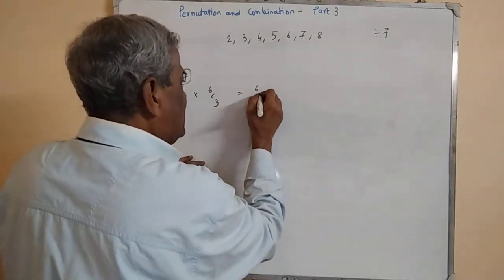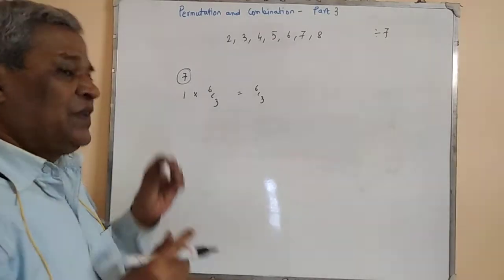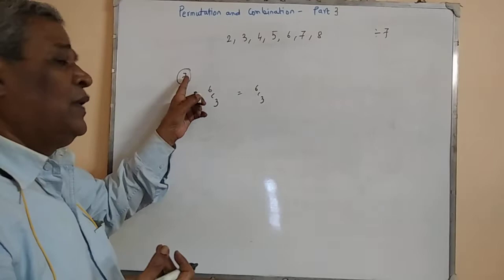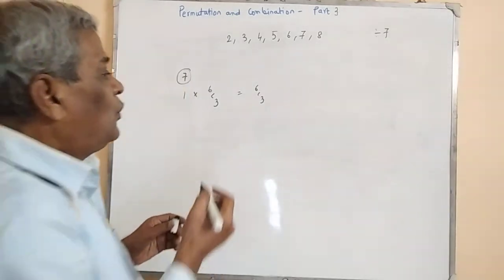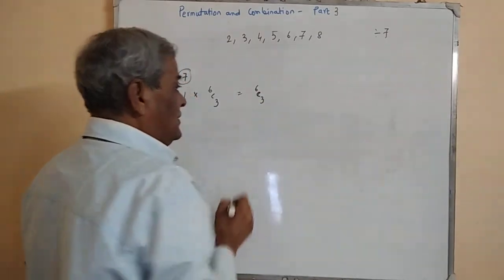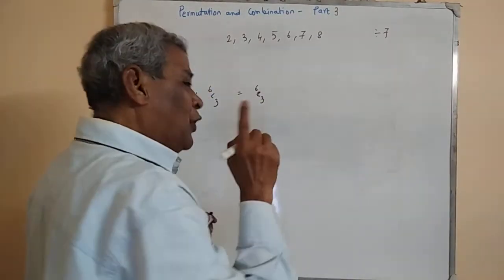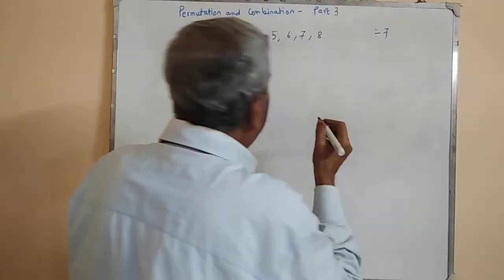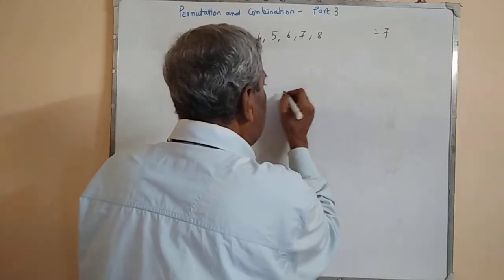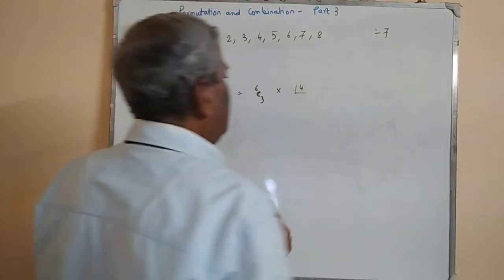This way we can choose these 4 digits such that one of them is always 7. Now we get this number of sets, and each set has 4 digits. So for each set, the total number of numbers is factorial 4. Then our answer is this.